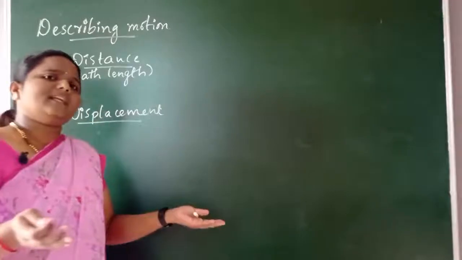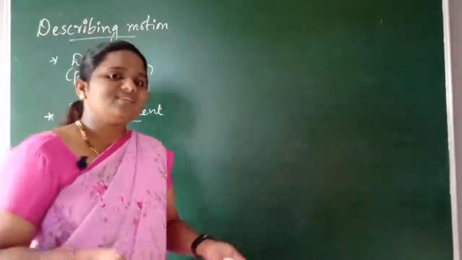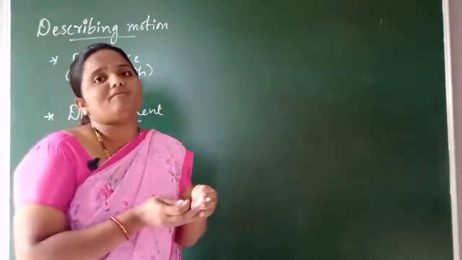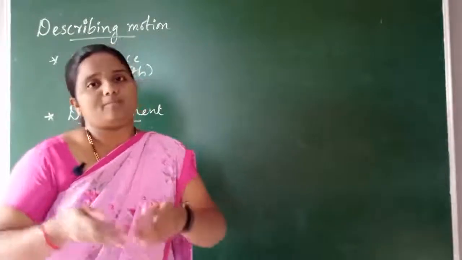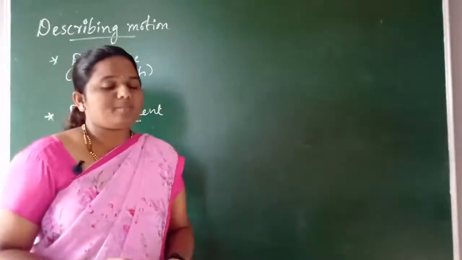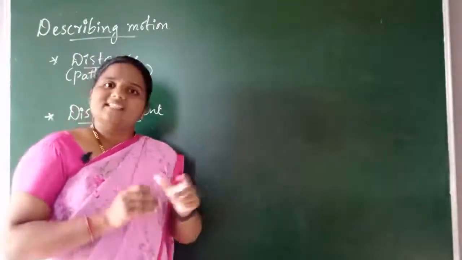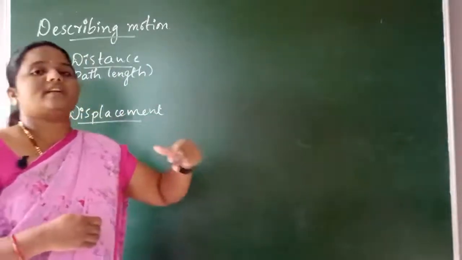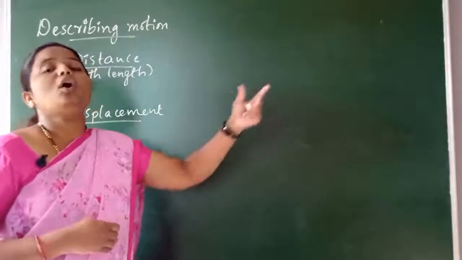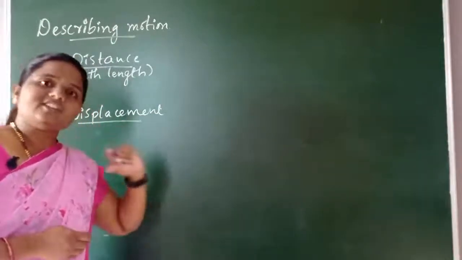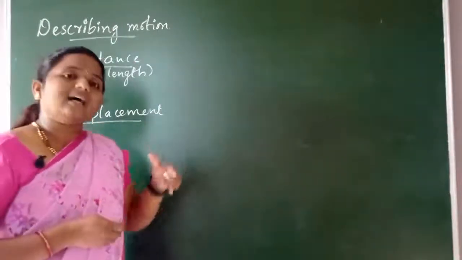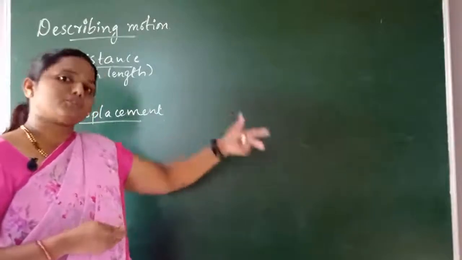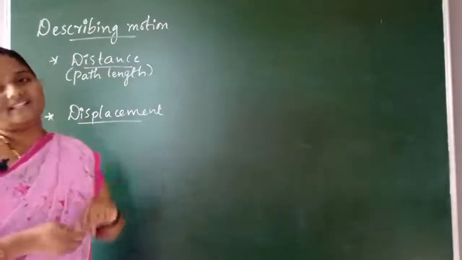Distance is nothing but, children, it is the length covered by an object from one position to another position. Understanding my point? It is nothing but the length, how much length an object has covered. For example, a car is traveling from home to school. So whatever the length, whatever the path it has covered from home to school, then it is called as a distance.